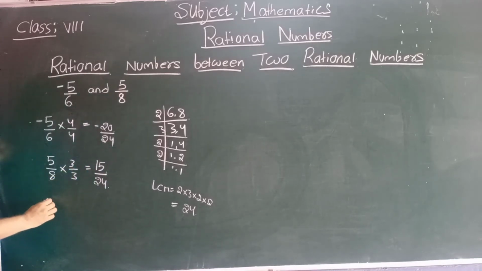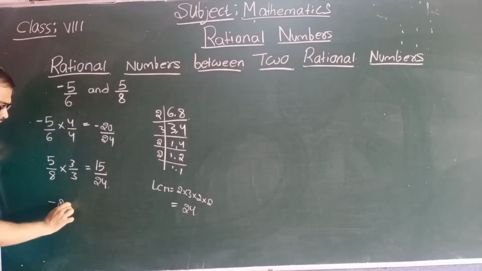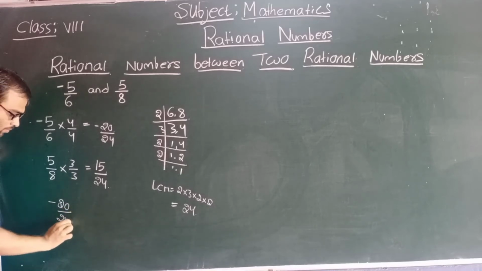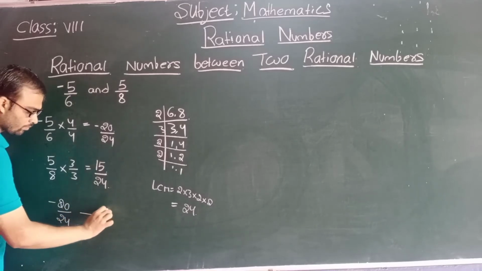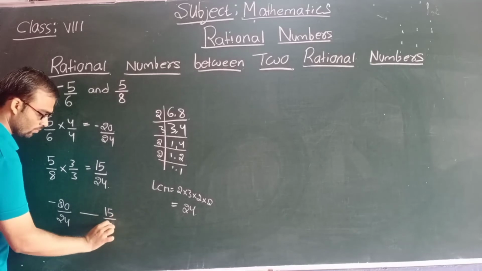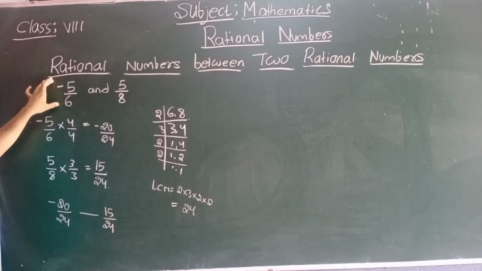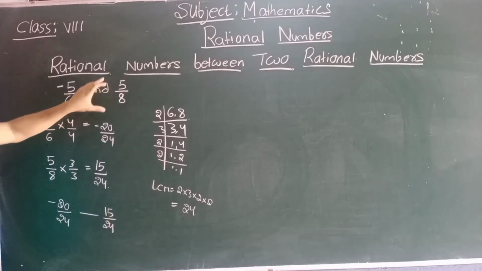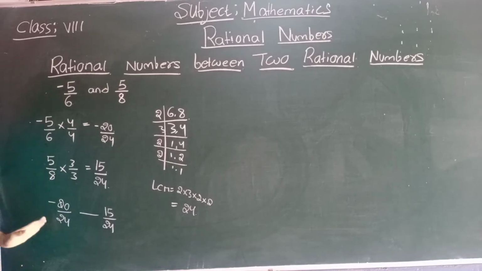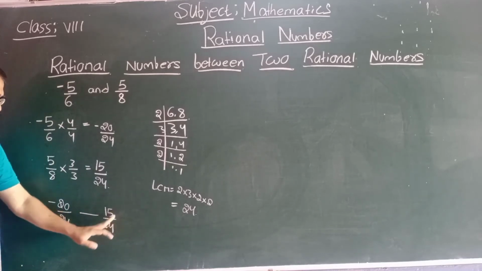So here you can write, minus 5 by 6 and 5 by 8 is nothing but minus 20 by 24 and 15 by 24.